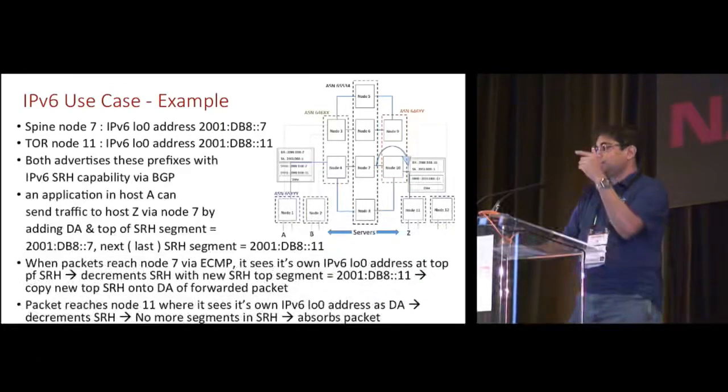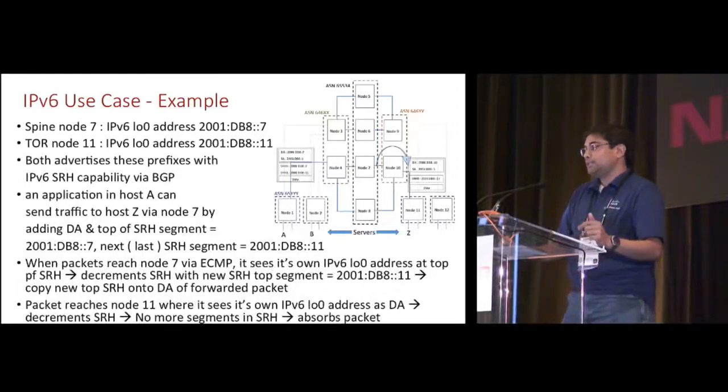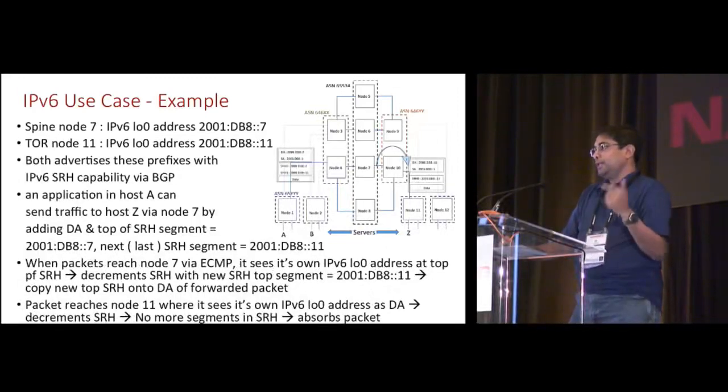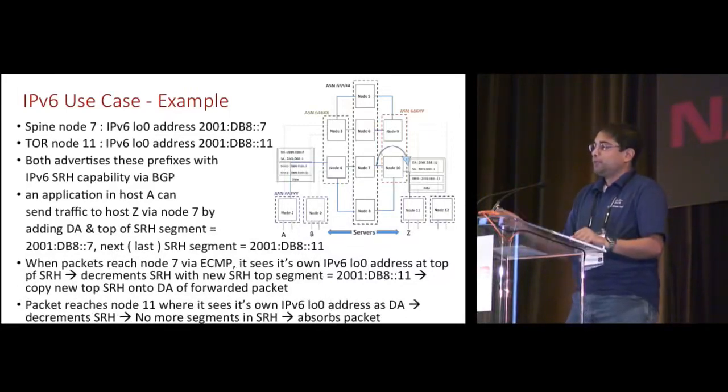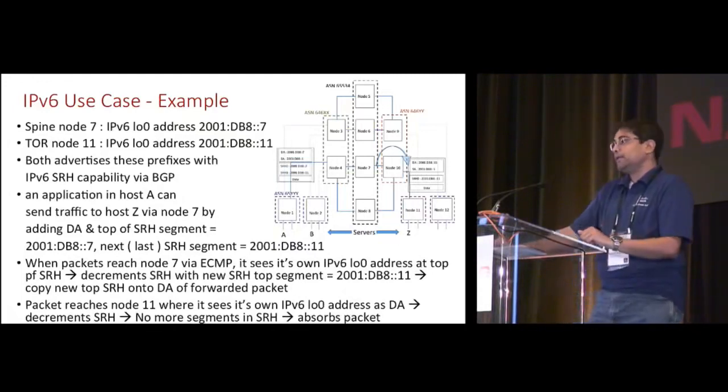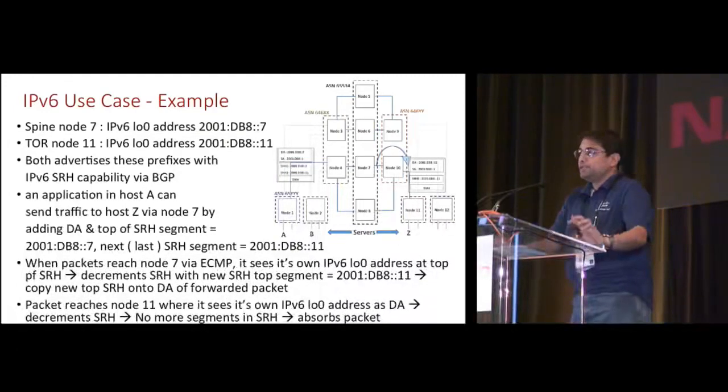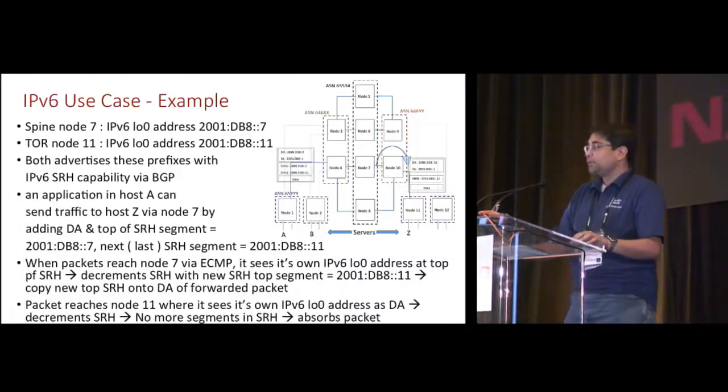So it pushes 7's address, of course, as destination, and also it pushes the end destination, which is 11, first, and then on top of it, it stacks the 7. When 7 gets it, it sees its own seed at the top of the segment routing header. It pops it and then copies the next one, which is 11, into the destination address, and then when node 11 gets it, it sees nothing else is there in the segment routing header, so it must be meant for itself. So it's pretty similar to the MPLS data plane from a logic perspective.